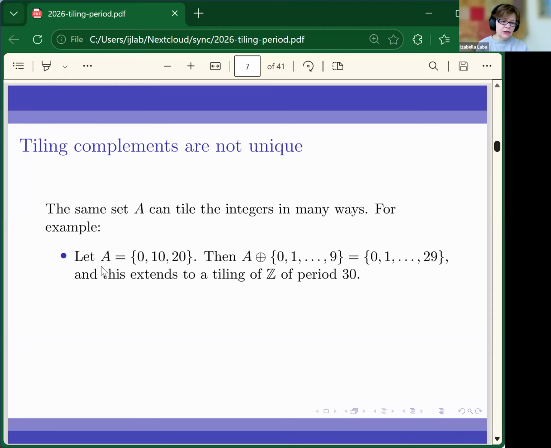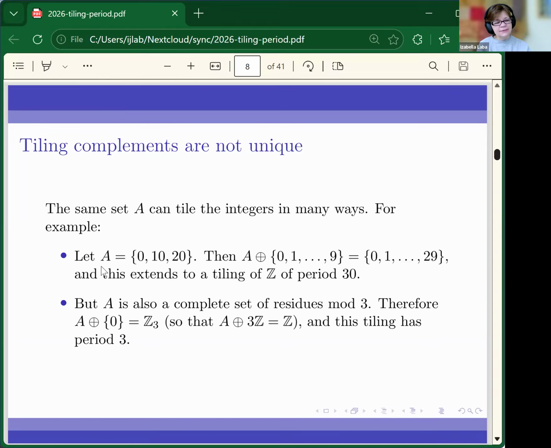But I just said that there should be a tiling whose period should only be divisible by prime factors of the cardinality of A and no other primes. So if we look at it more carefully, then A here is also a complete set of residues mod 3, so that it actually tiles the integers with period 3. It's maybe a little bit obvious from just looking at it, but it also works.